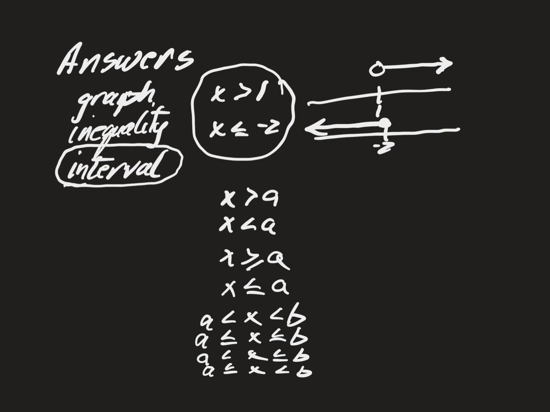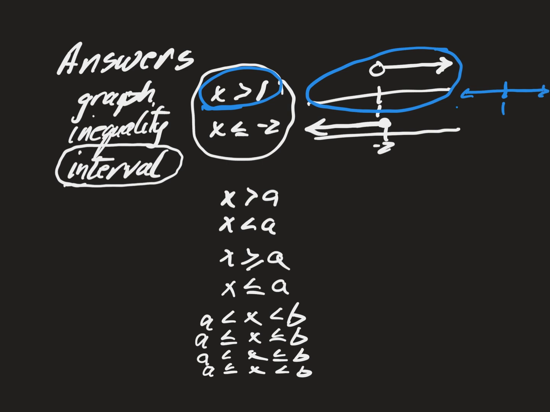Now, fortunately, we have a quick example up here that we would like to look at. We have x is greater than 1, and we see its graph right here. So what happens essentially in interval notation is when we look at the number line, we not only label the 1, but we also label the endpoints of the number line.